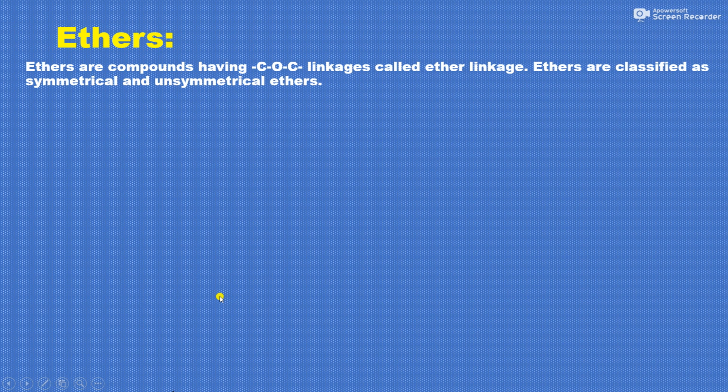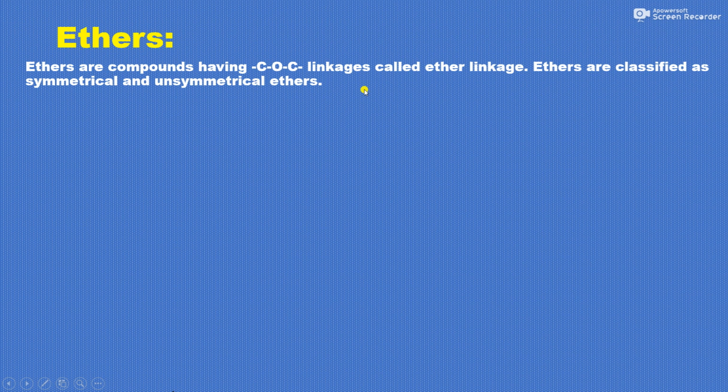Our next point from this chapter is ethers. In ethers, we might know different kinds of ethers. An ether is an organic compound having a C-O-C linkage, R-O-R linkage. Such a linkage is known as an ether linkage.